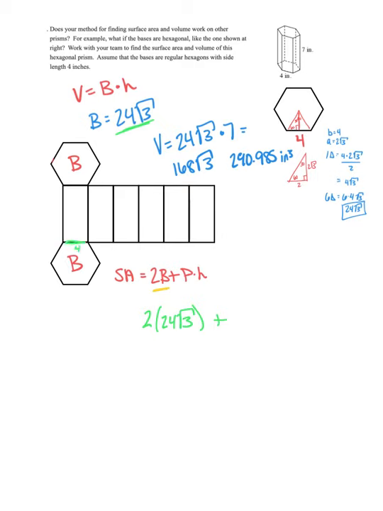Well, each side was 4, so that would be 24 times the height of the solid, which is 7. Simplifying that expression would be 48 times the square root of 3 plus 168. This is a perfectly acceptable answer in exact form. I could also do approximate and put it to a decimal to the nearest thousandth.